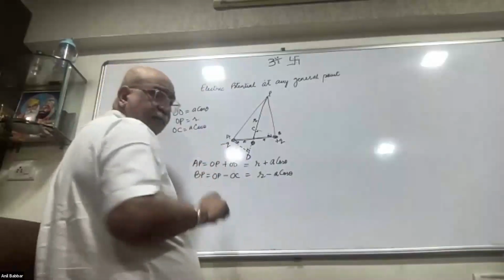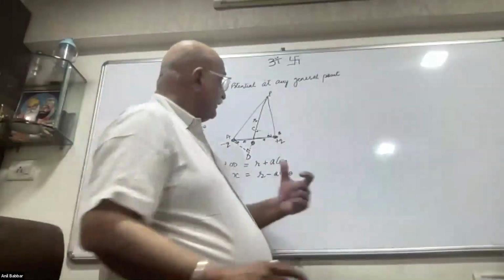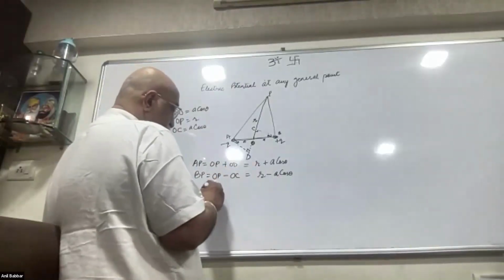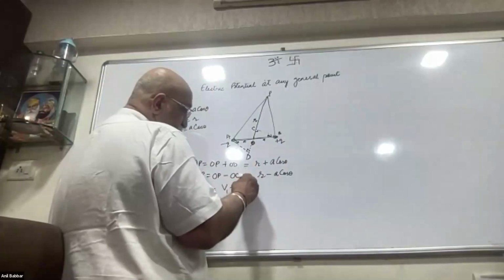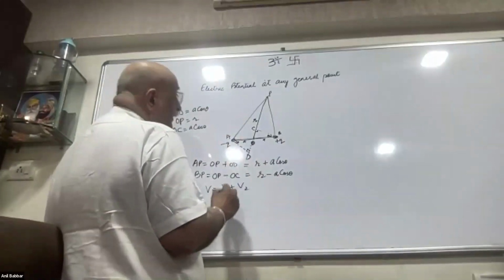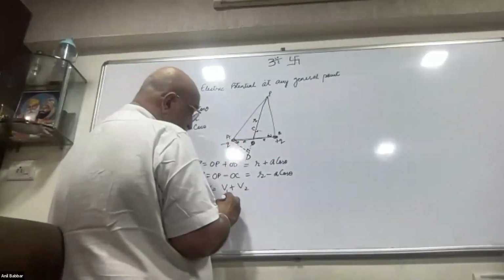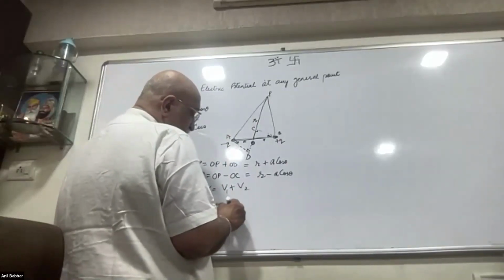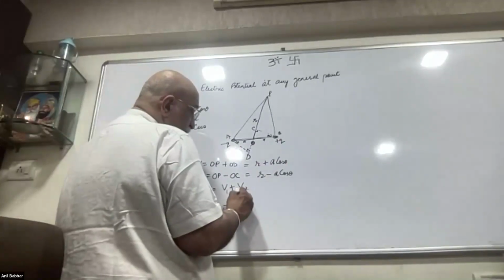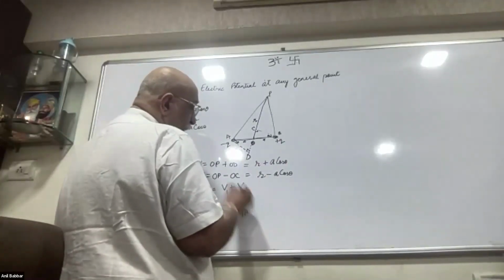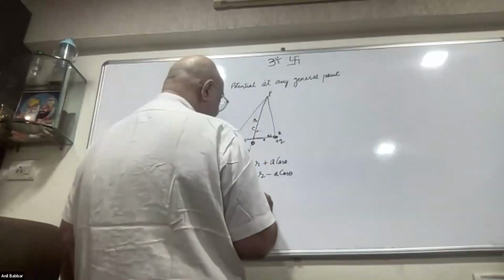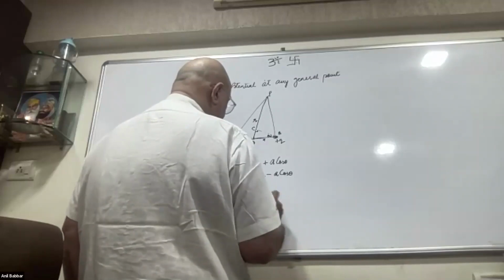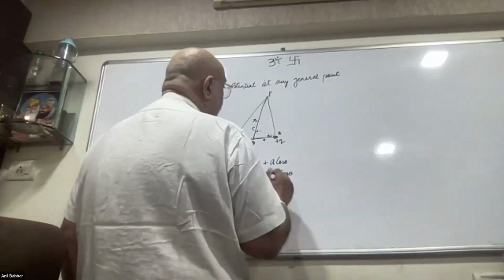Right? Now, let's find the potentials. So V will be equal to V1 plus V2. So V1 is what? Due to minus charge, this is say 1 upon 4 pi epsilon naught, say minus Q upon say AP, right? Plus 1 upon 4 pi epsilon naught, this is plus Q upon BP.